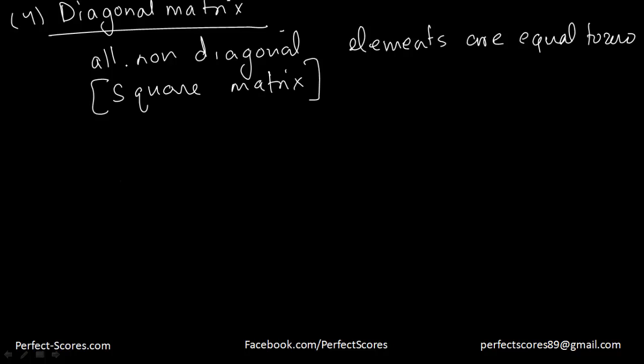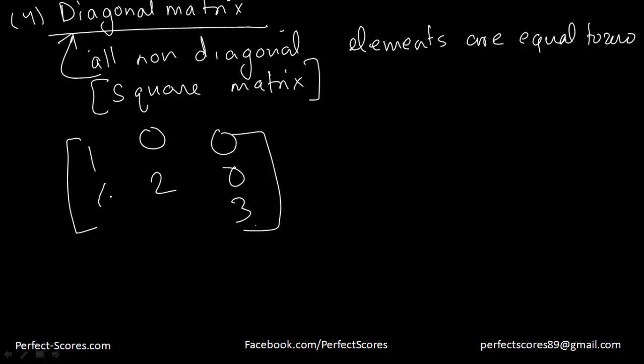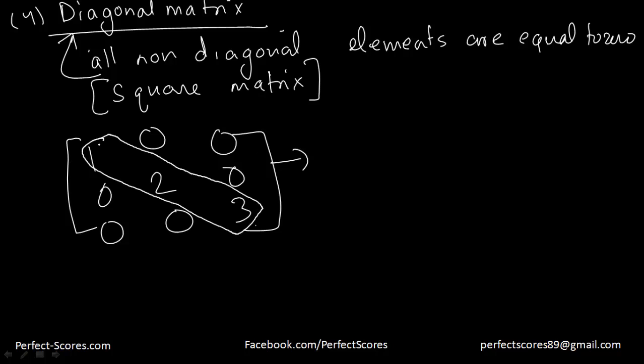In a square matrix, if all non-diagonal elements are equal to 0, that matrix is called a diagonal matrix. Suppose I have 1, 2 and 3 on the diagonal, and 0 0 0 0 0 0 elsewhere. This would be a diagonal matrix because all the other non-diagonal elements are 0.